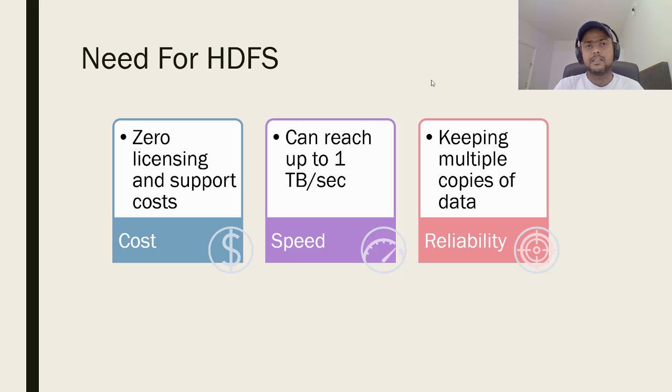So you can see from 300 megabytes per second to 1 terabyte per second, the gap is huge. At the same time, as we have talked about in the previous lecture, HDFS creates multiple copies of the same data block across different nodes in the cluster, and that's how it achieves reliability. So even if one machine's hard disk goes down, your data is still safe because it is already replicated to multiple nodes.